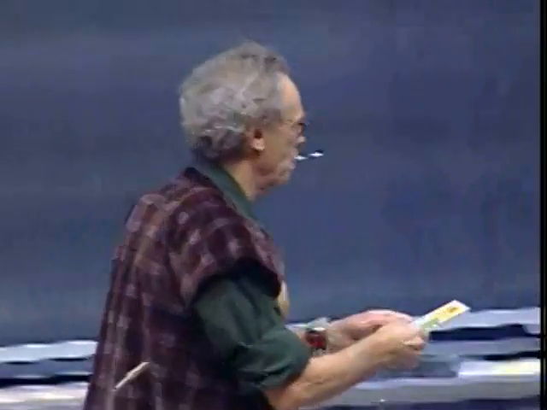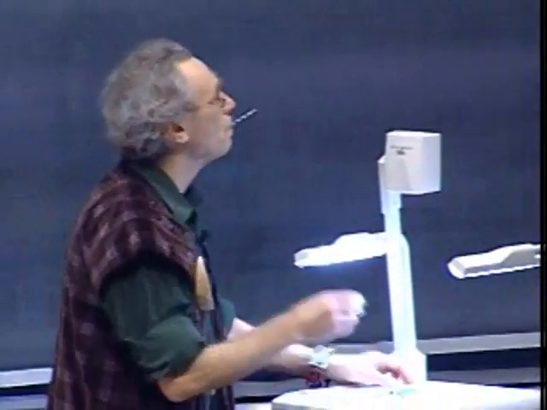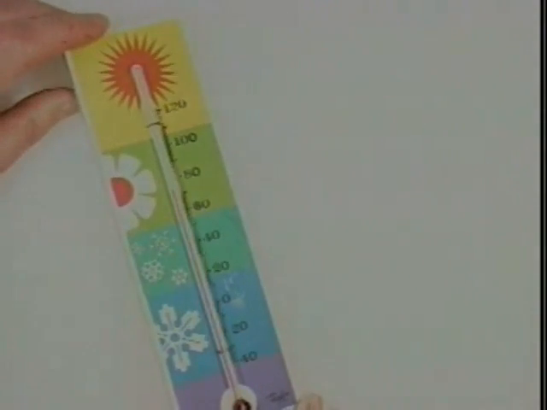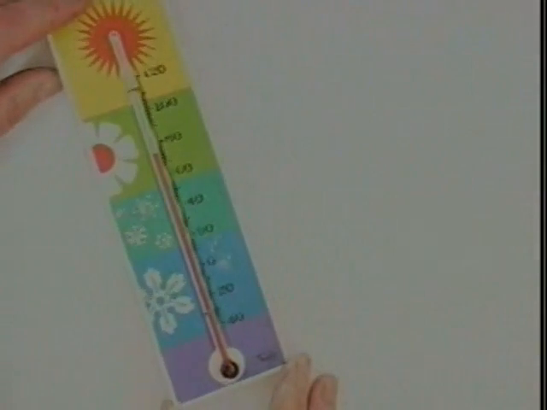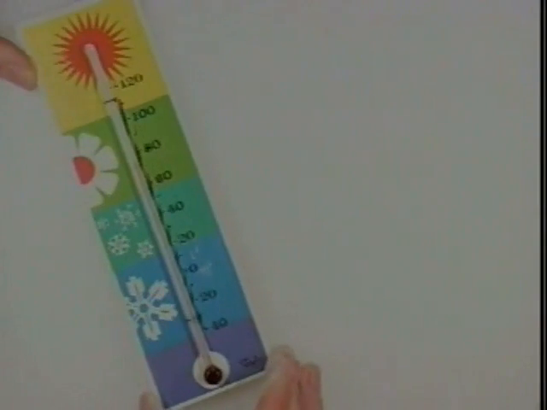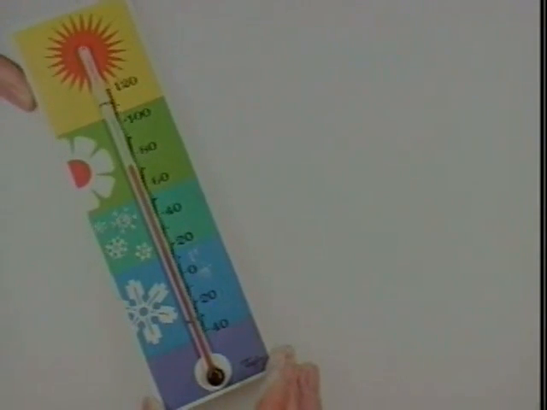So this one, you see the red liquid? Be sure that we have the right light setting. These should go off. Okay. So you see the red liquid. There it is.